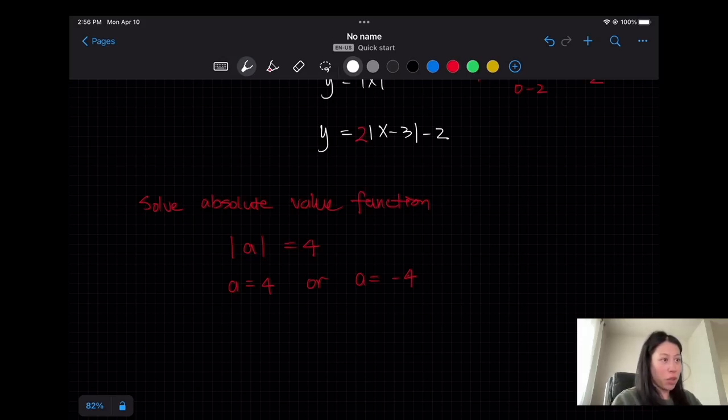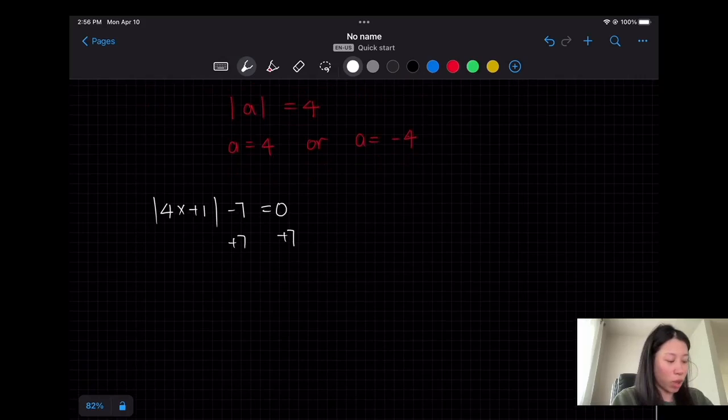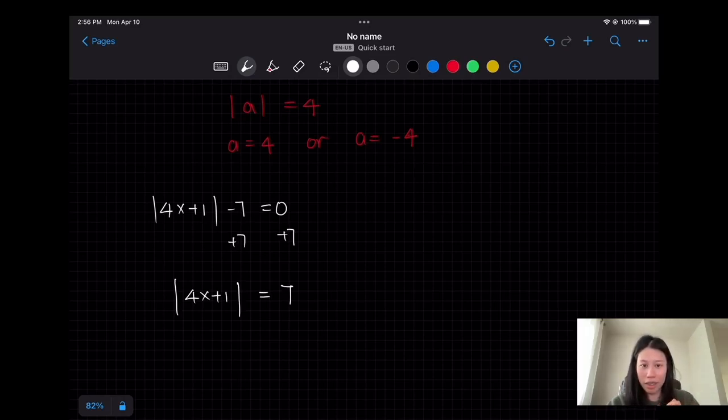If I'm giving you the function absolute value of 4x plus 1 minus 7 equals 0, I want you to solve for x. Well, I add 7 on both sides, then I will have absolute value of 4x plus 1 equals 7. All right, now let's take a look.